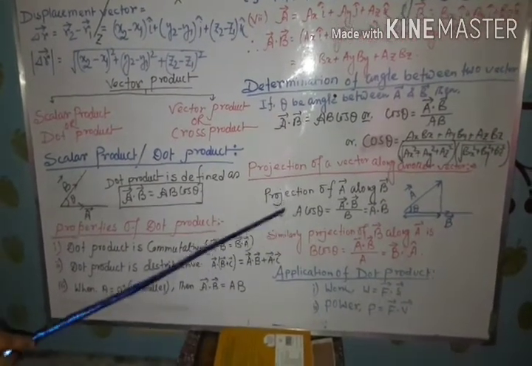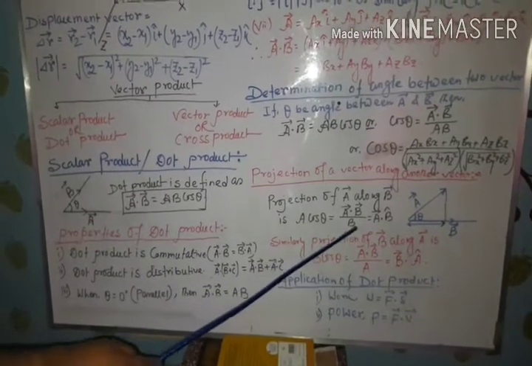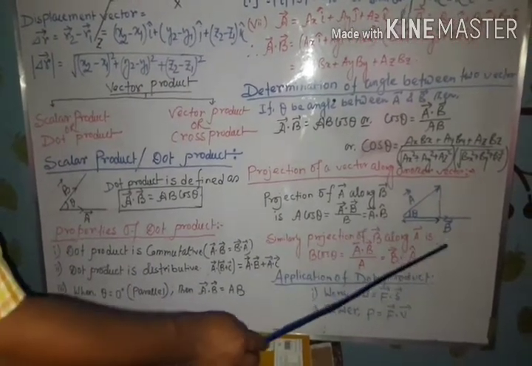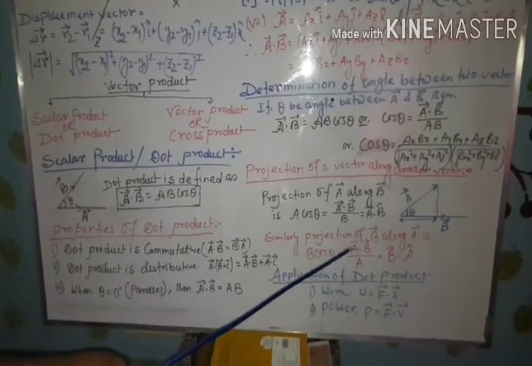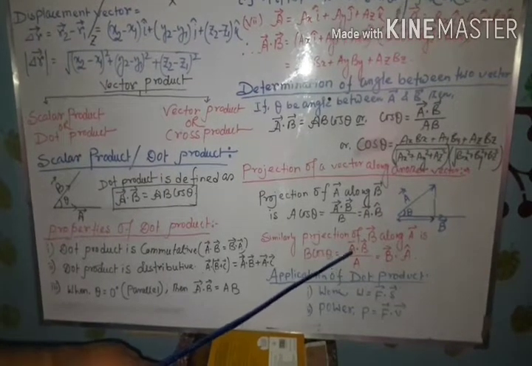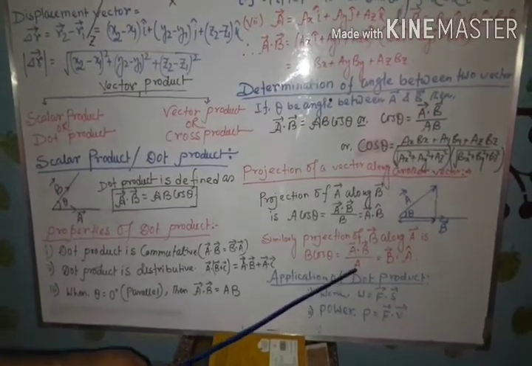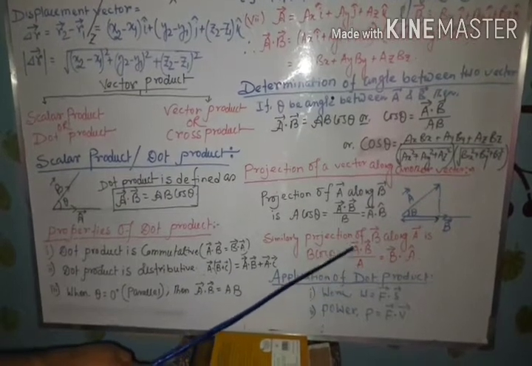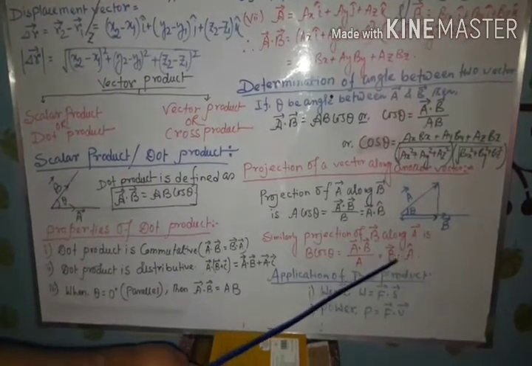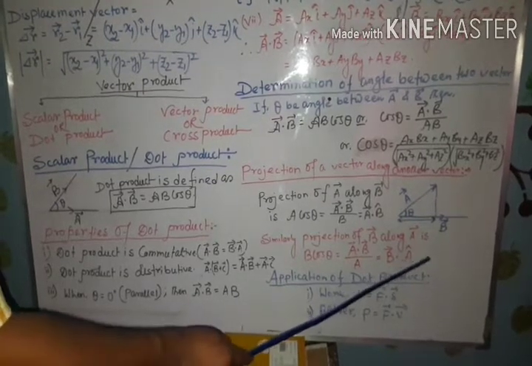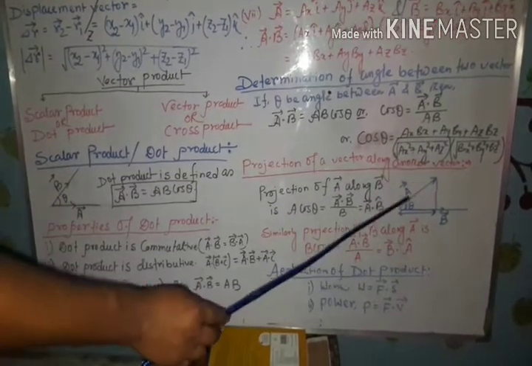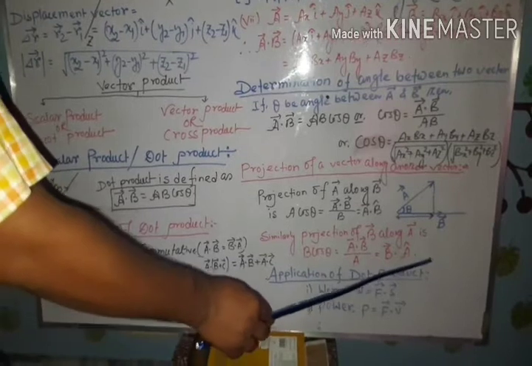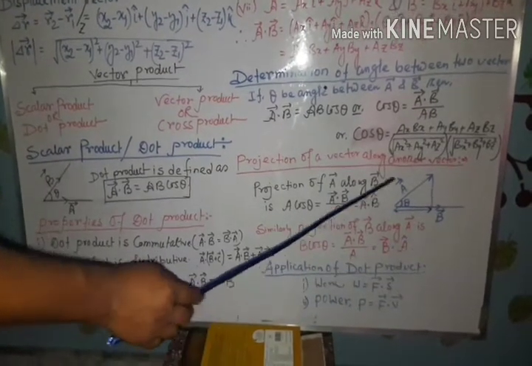Similarly, to determine the projection of B along A vector, the same process gives B cos theta, which is A vector dot B vector divided by mod of A vector, and A vector by mod of A means A cap, so that leads to B vector dot A cap. By this process, we can determine the projection of a given vector along another vector.